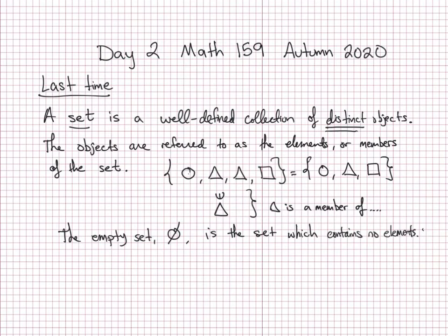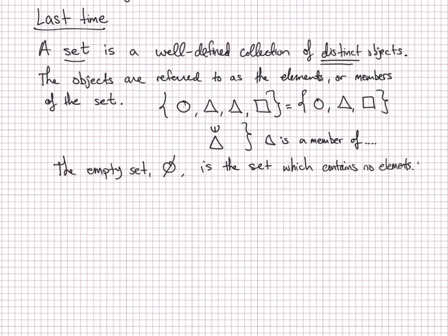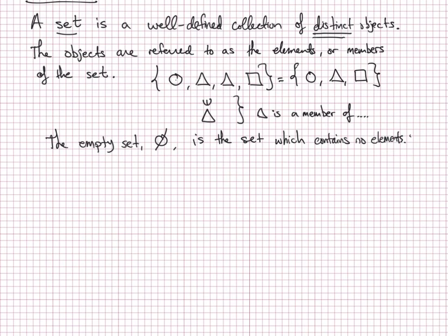Remember last time we saw that sets can be thought of as yes-no functions. As a yes-no function, what the empty set does is it just assigns no to every object. Sorry, the way that you thought of a set as a function, you give it an object and you ask it, is it an element of your set?